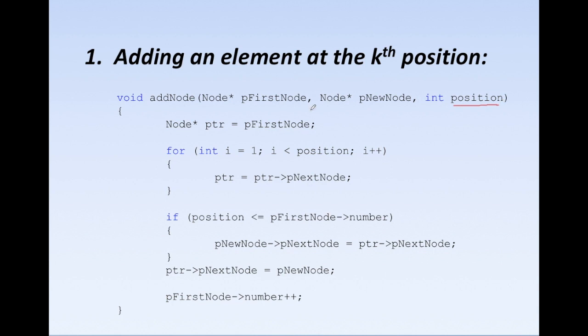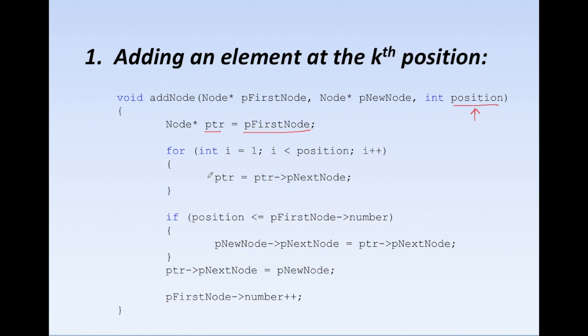Here, like in other data structures, we have to go through them node by node because they're not stored sequentially. So I cannot get to the position right away. I have to go node by node looking at the pointer until I get to this position. So PTR is equal to P first node, so it's pointing to the first node.